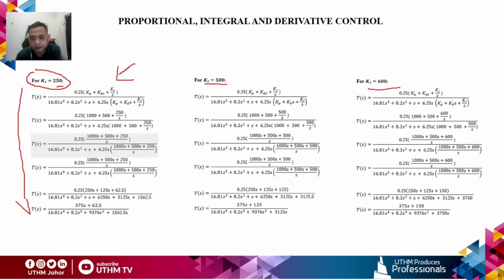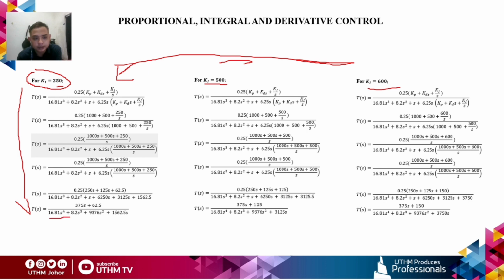375s plus 62.5 over 16.1 s to the power of 4 plus 8.2 times s to the power of 3 and 9376 s to the power of 2 plus 1562.5 s. For the values 500 and 600, the front part is the same.